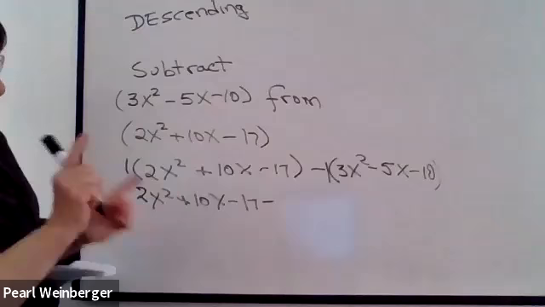So I got 2x squared plus 10x minus 17. The whole expression stays the same. Then it's minus 3 squared. Wait, how many minuses?